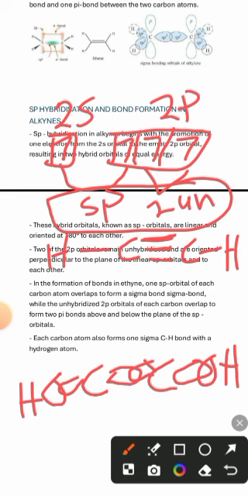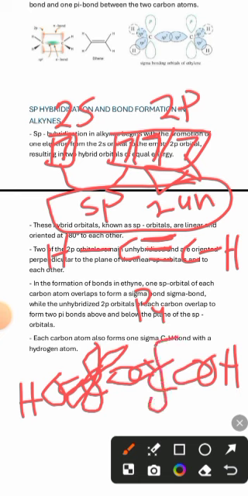They are formed from these two unhybridized orbitals. So one is forming the py, this is the py, and this is the pz. The pz is forming like this, perpendicular. We have the py and the pz.